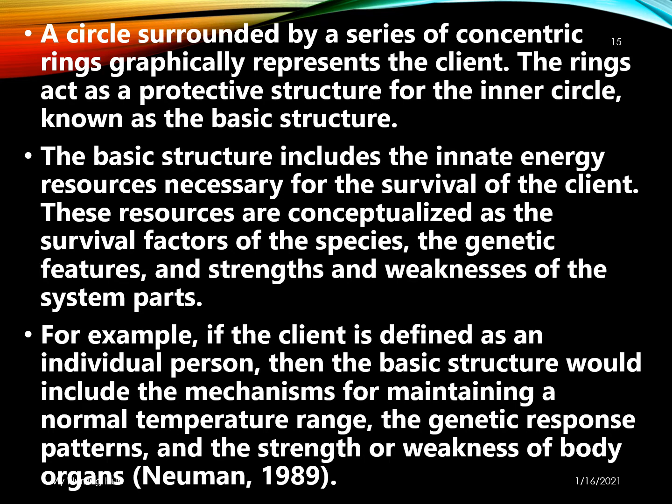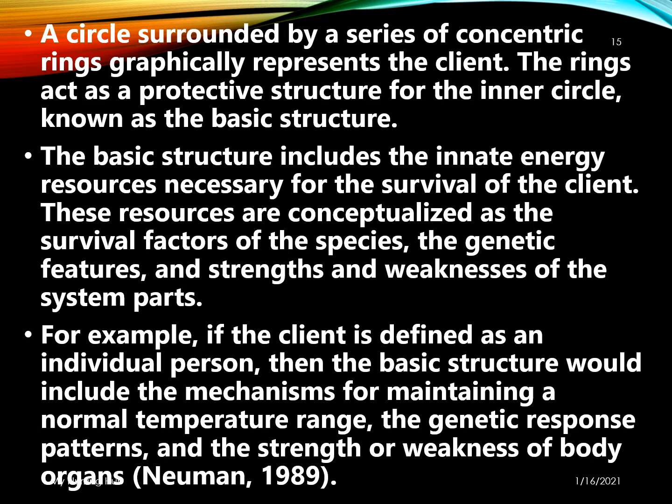Now if you look into the picture, we can see the client system is a circle surrounded by a series of concentric rings. These rings act as a protective structure for the inner circle known as the basic structure. So what is a basic structure? It includes the innate energy resources necessary for the survival of the client. These resources are conceptualized as the survival factors of the species, the genetic features, and strengths and weaknesses of the system parts.